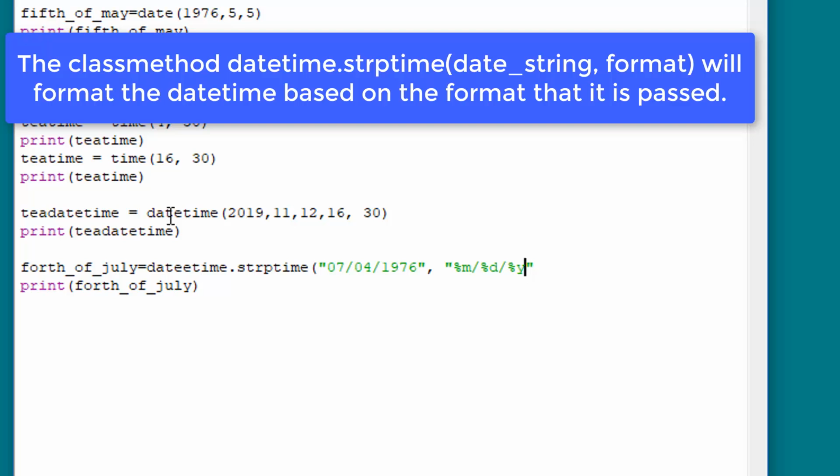Okay, the little y gives us a 2-digit year, but it looks like ours is a 4-digit year, so we have to go with the big Y. There's a fair amount of these.